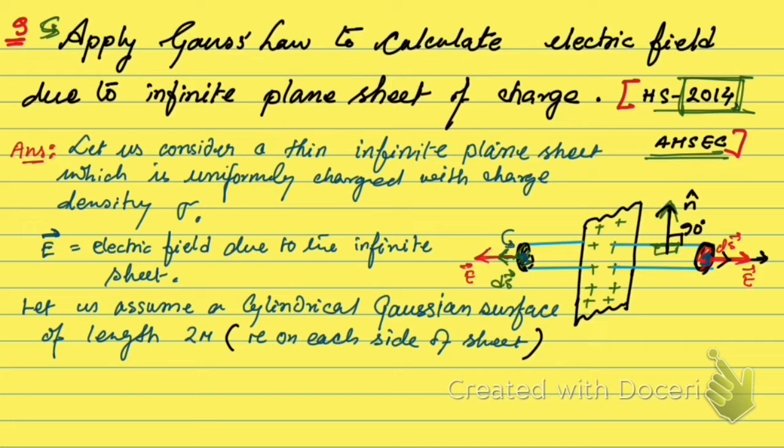So let me write here, this is 2, this is suppose surface number 1, and curved surface is suppose surface number 3. Let me use that. Okay, so 1 and 2 I have taken as the flat surfaces, and 3 is the curved surface.